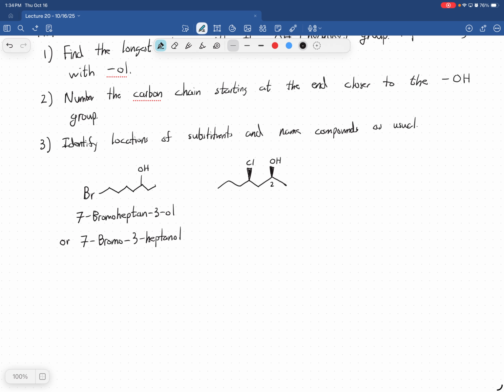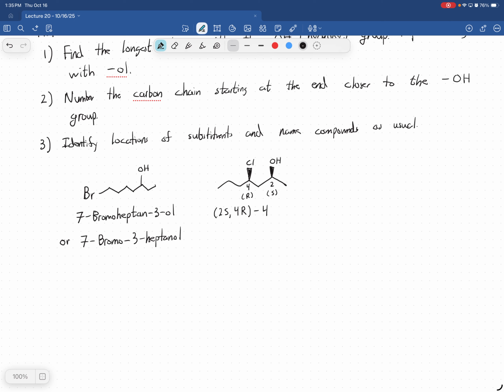And then my chlorine would be what? 4. All right, so now let's assign R and S. If anyone has it, what's the configuration at carbon 2? Good. So 2 is S. So here we're going to put parentheses S. And then how about 4? R. Thank you. So 2S, 4R.